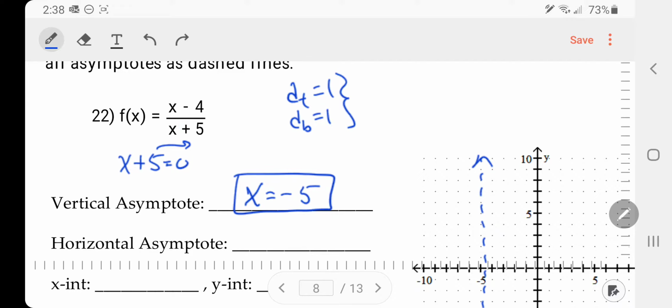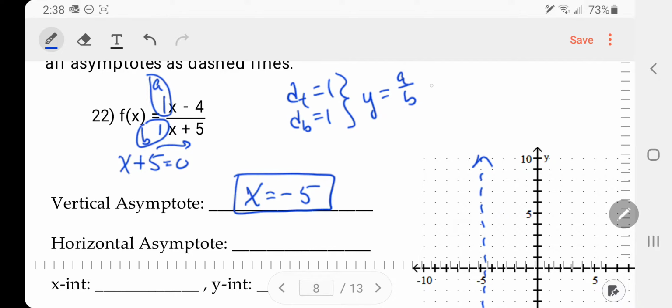And when those degrees are the same, that says that y equals a over b is going to be your horizontal asymptote, where a is the coefficient of the numerator and b is the coefficient of the denominator.